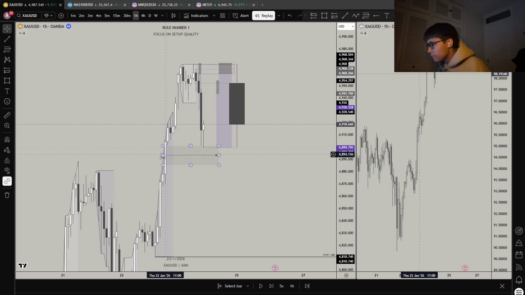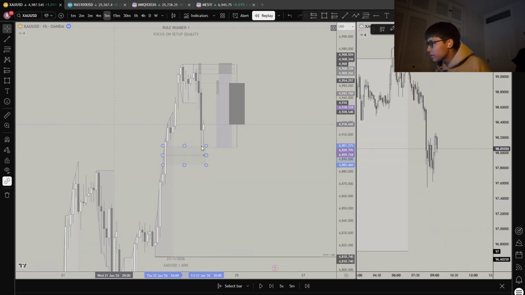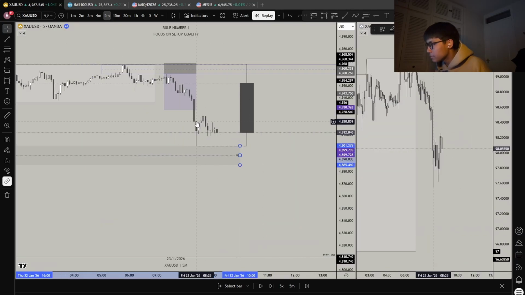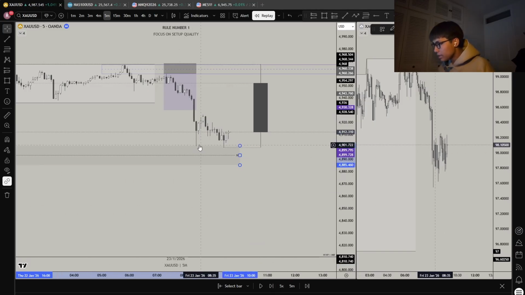Guys, look at this very nice fair value gap from the previous New York session, and look at the reaction that it gave. This could have been an entry model in itself, guys, but as you can see, after price taps into this 1 hour bullish fair value gap, the price actually swept this sell side again with an SMT, by the way.